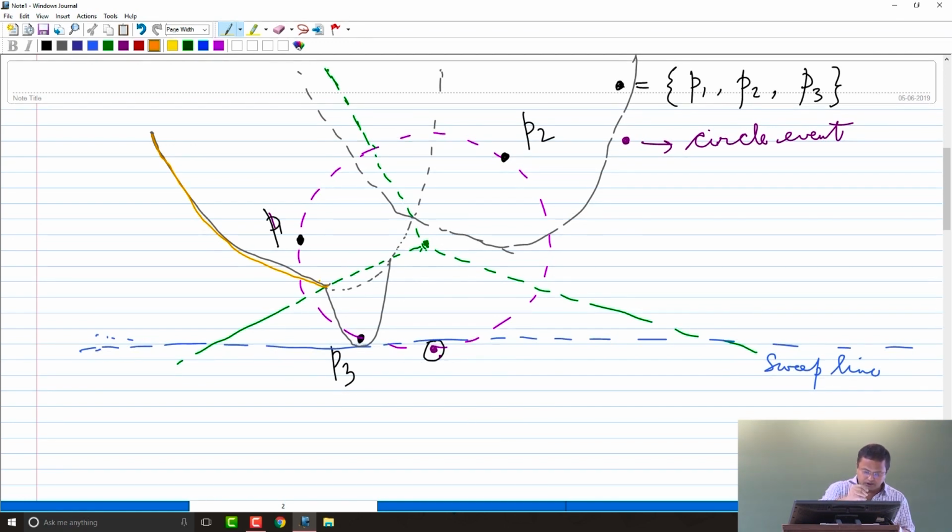Now, this part is hidden from the below by the parabola corresponding to P3. Okay. So, let me name this parabola as P1, this parabola as P3 and this parabola as P2.